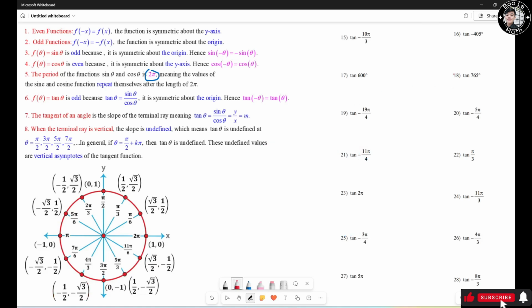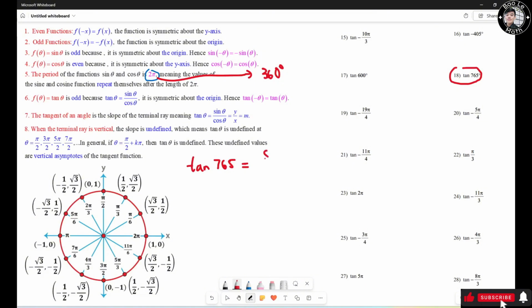Now let's take a look at the last example, number 18 right here. Alright, so I have tangent of 765 degrees. Now I know that 2 pi is going to be the same thing as 360 degrees, so I need to write this one in terms of 360 degrees.